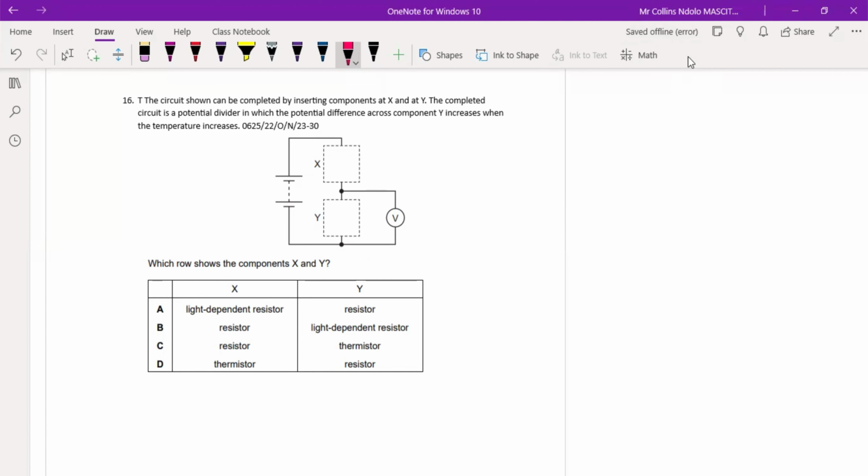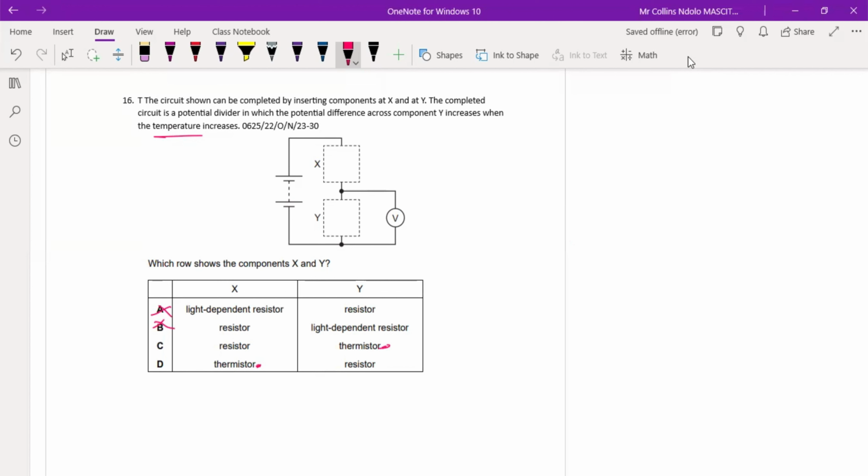There is something about temperature. When we talk about temperature, how it affects a component, it is a thermistor. So we're dealing with a thermistor somewhere here. So without even looking at the reasoning, A and B are out. Our answer is either C or D.